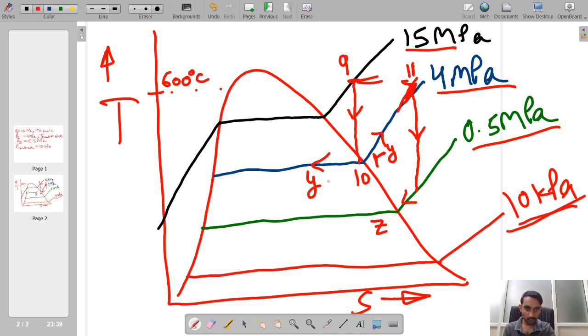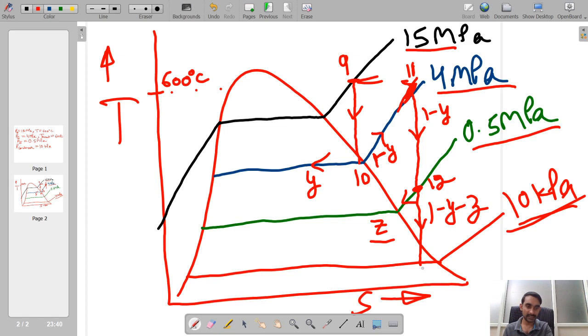Okay, so how much was the fraction in this low pressure turbine? If you see over here, the fraction was nothing but equal to 1 minus y. Now out of this 1 minus y, Z fraction once again I have taken over here. So it means now the fraction remained inside the turbine till the condenser pressure is nothing but 1 minus y minus Z. Okay, so if this is say point number 11, let me consider this point at which steam is extracted. Let us consider it as point number 12.